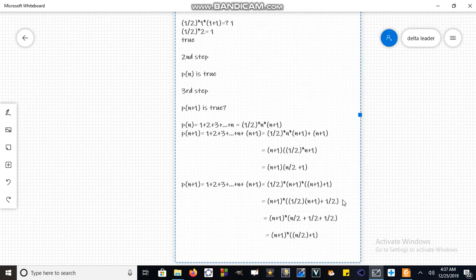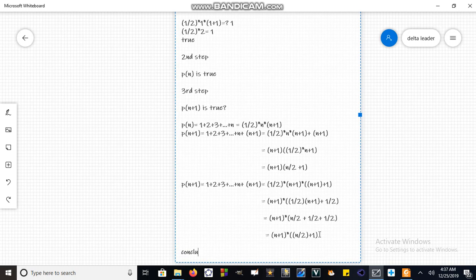So we have proven by induction, because here we went from Pn to Pn plus 1. We find a certain answer, and then we apply directly the formula to Pn plus 1. We find the same answer, so we can conclude.